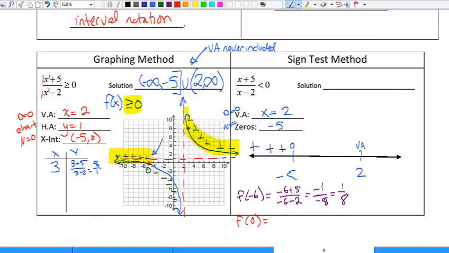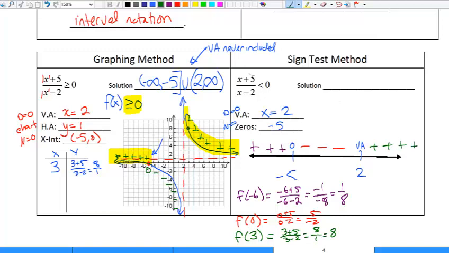Let's try 0. 0 plus 5 over 0 minus 2. That's 5 over -2, or negative in this branch. And then in the last branch, I have f of something to the right of 2. We can pick 3. So that's 8 over 1, or 8, which is positive.